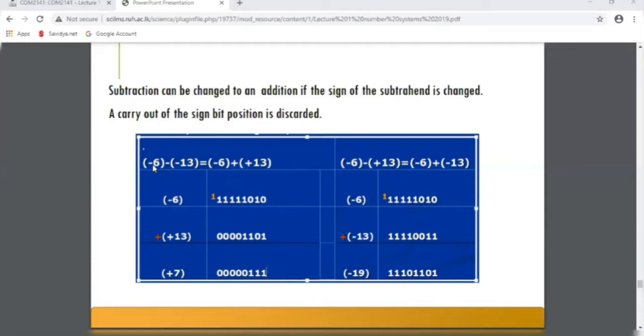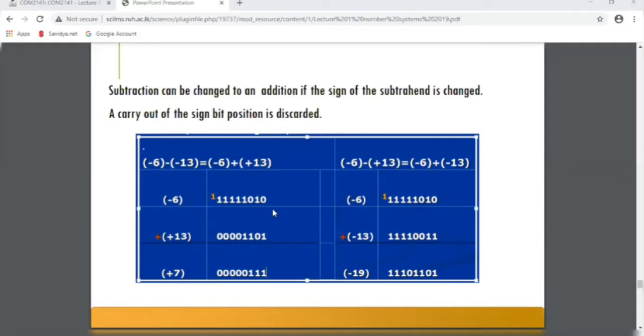So -6 is subtracted from -13. Then it is converted into addition by converting each minus sign into a plus sign, which should not affect the meaning. What you have to do is first convert each and every number into its corresponding binary number.